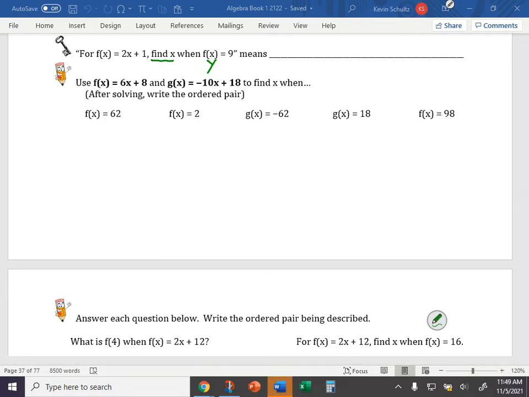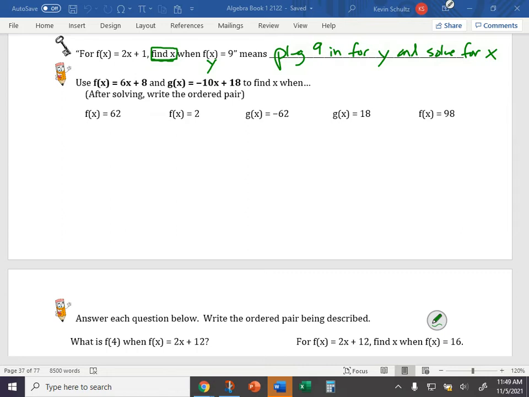In this case, you would plug 9 in for y and solve for x. Okay? To me, it seems obvious that you're being given the y variable because it says find x. Why would I have you find x if I'm giving you x, right? If you're told to find x, that's the variable you don't know, which means you're being given y.